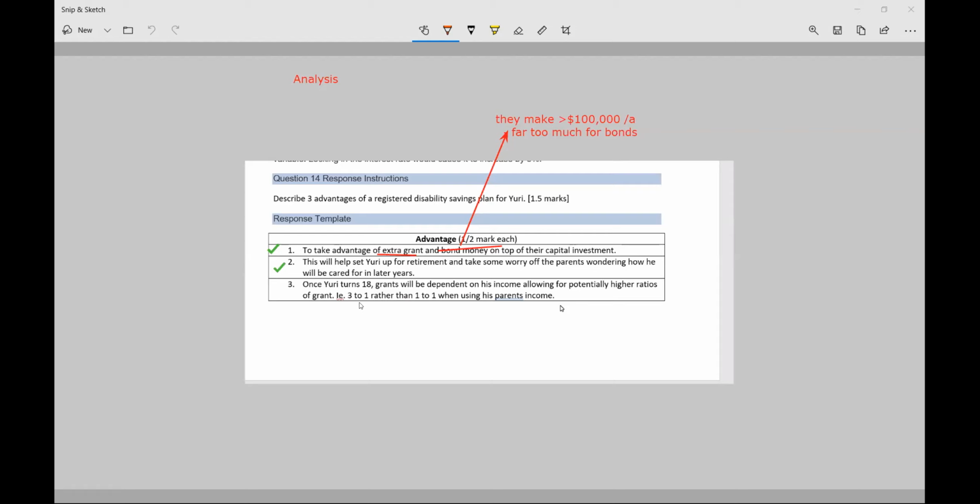And how about question 3? Yeah, that's technically true. It's the year in which you turn 19.